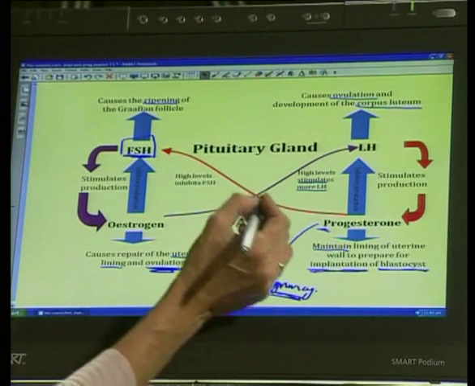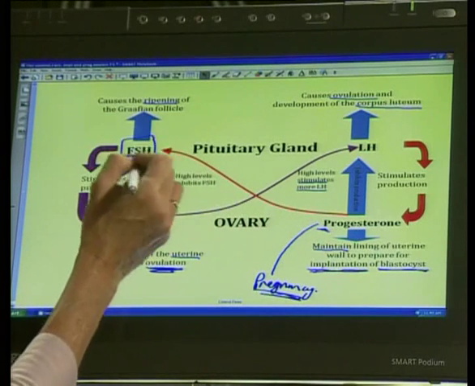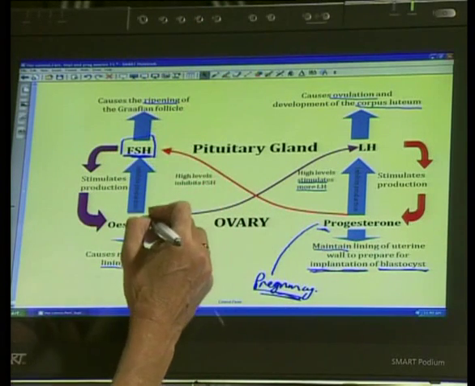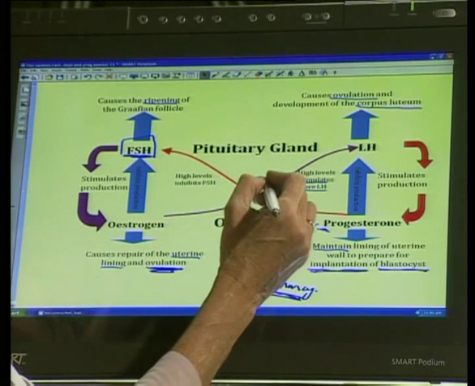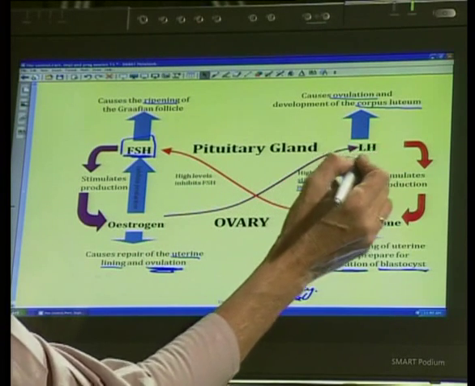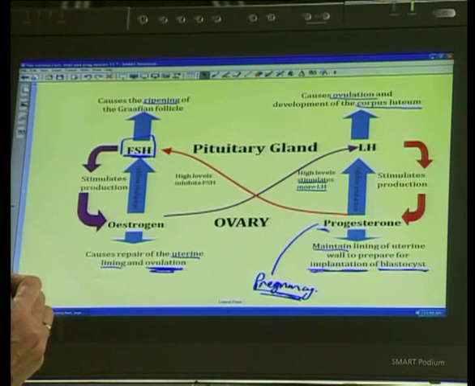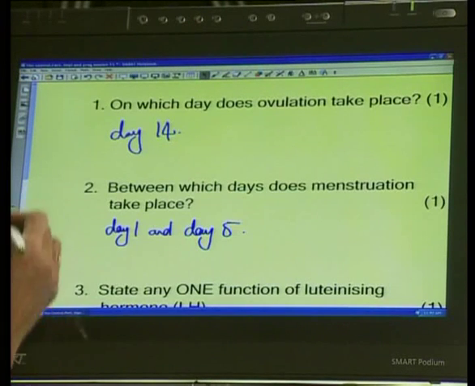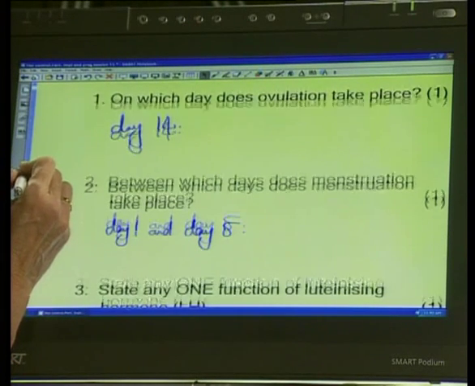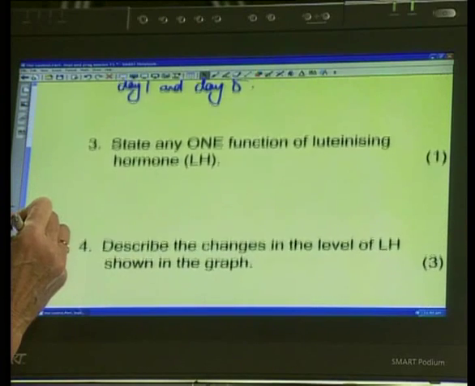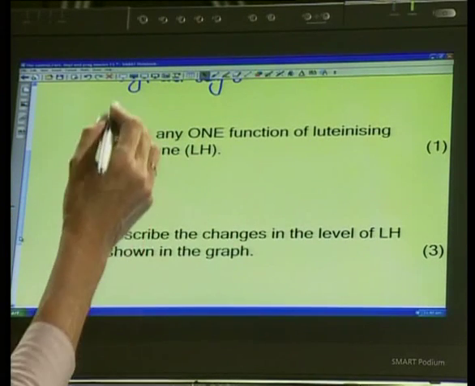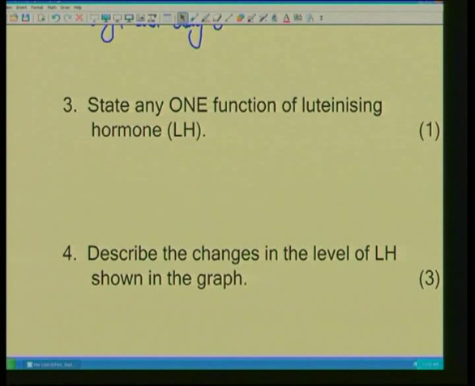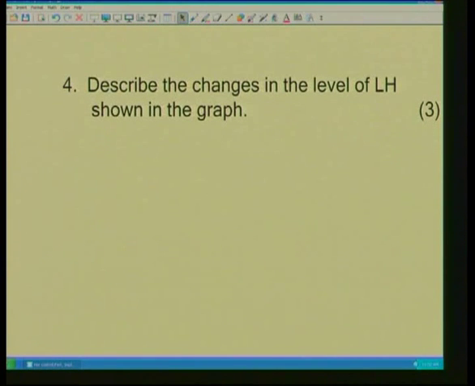Also, progesterone will inhibit the release of follicle-stimulating hormone, and high levels of estrogen will stimulate more luteinizing hormone. So there you've got your answers. One function of luteinizing hormone is that it makes sure that ovulation takes place, it makes sure that the corpus luteum produces the progesterone, and it also makes sure that the lining is ready for reception of the fertilized egg.